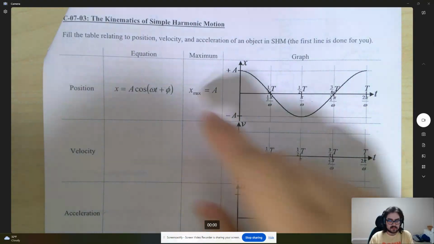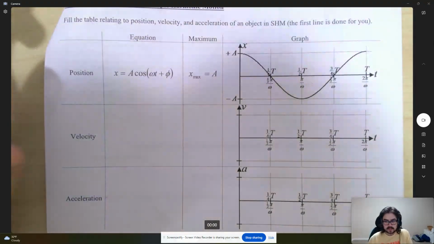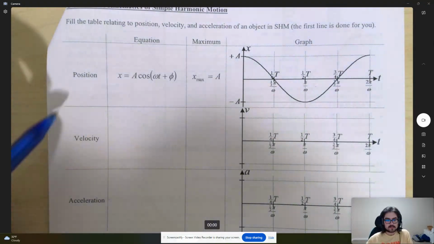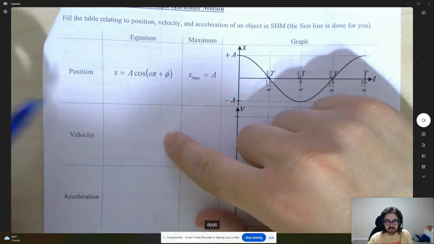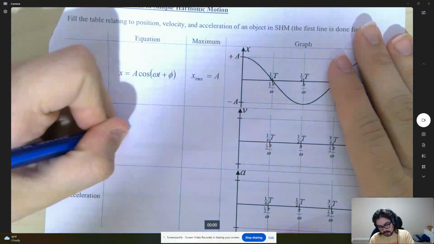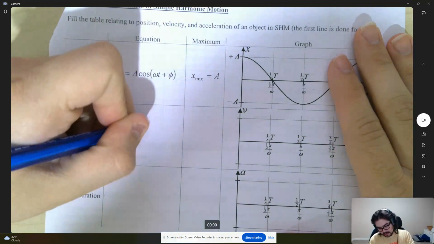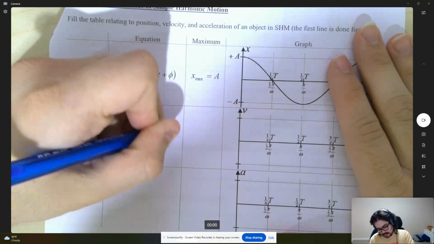Okay. Velocity. Well, we know that in physics one, it was really kind of tough. You just had to know these equations, but in physics C, we can now just take the derivative to get there. So I can say that the velocity is equal to negative A omega sine(omega t plus phi).